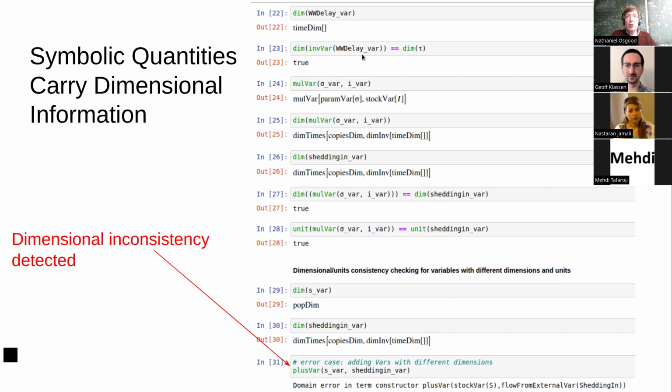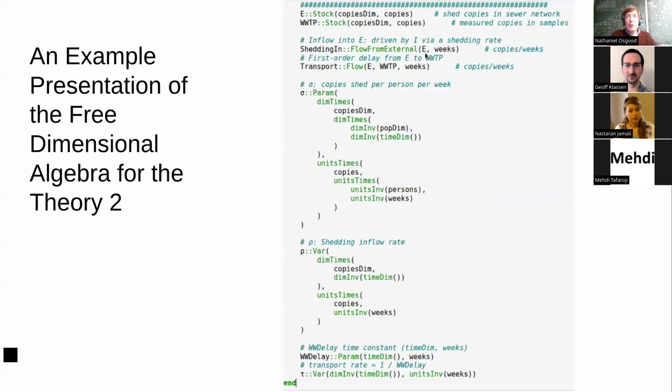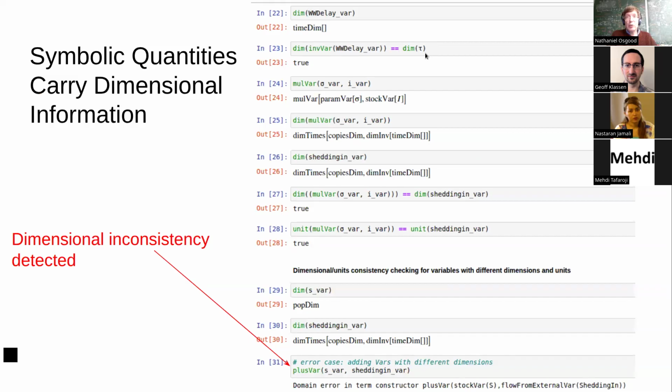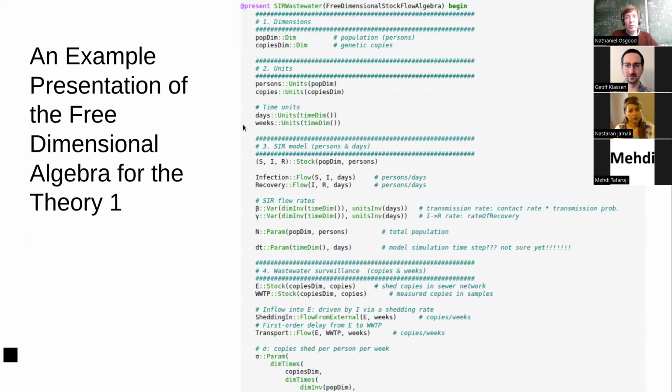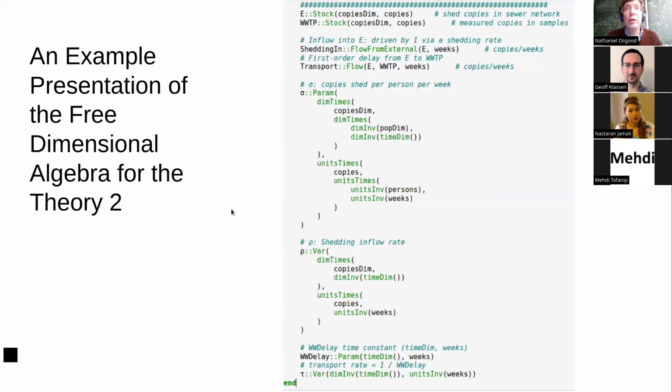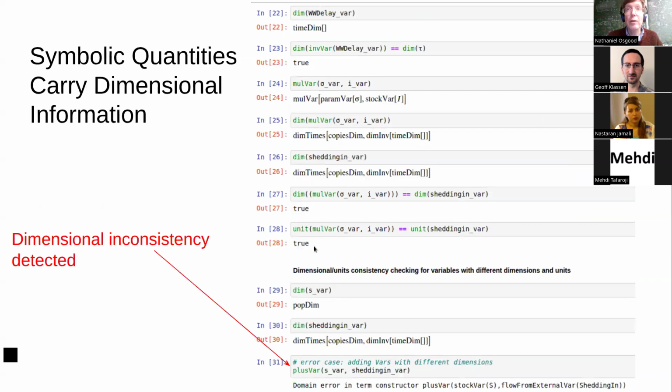Is the dimension of the inverse of the wastewater delay equal to the dimension of tau? Yeah, it is. Here's tau, here's wastewater delay, and tau is of dimension 1/time. The wastewater delay is of dimension time. So the dimension of 1 over the wastewater delay is going to be equal to the dimension of tau.